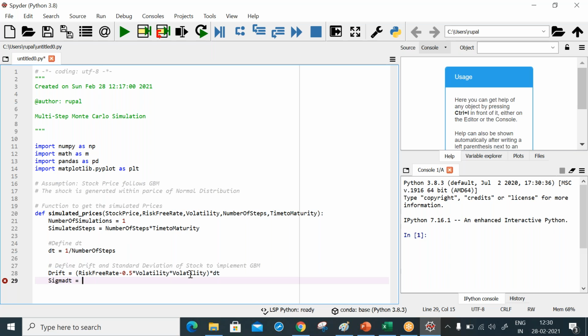So I have written it as sigma dt, which is equal to your volatility multiplied by m dot square root of dt. That is the sigma value that you took as of yesterday.